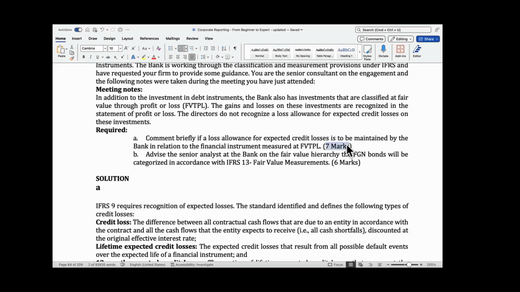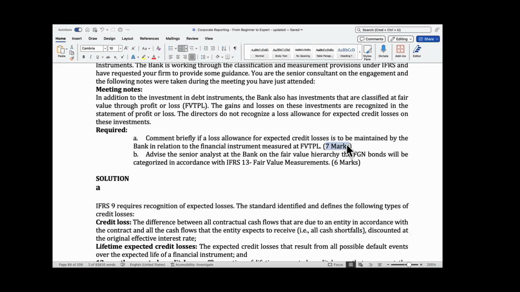Explain ECL. The ECL is a possibility that we might lose our money, even though we have not lost it. It is either a 12-month ECL, which is a loss based on possible default events within 12 months, or a lifetime ECL, which is a loss based on possible default events over the lifetime of the instrument.